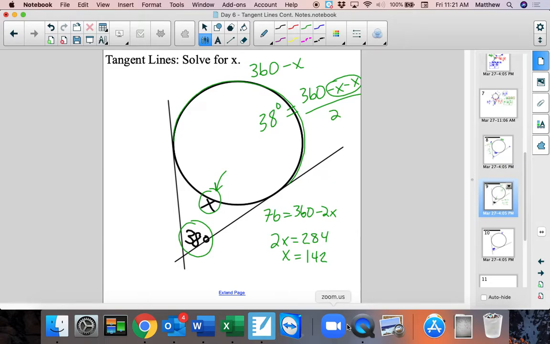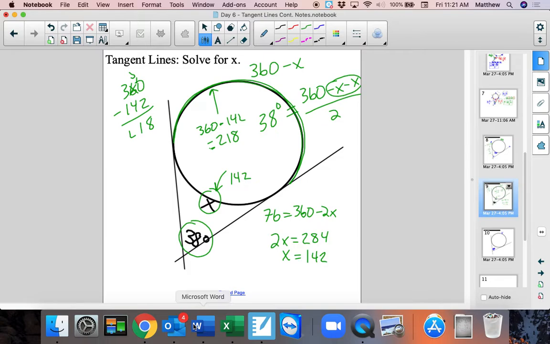So let's check that. 360 minus 142. So this arc right here, if x is 142, this one must be 360 minus 142, which would be 218.